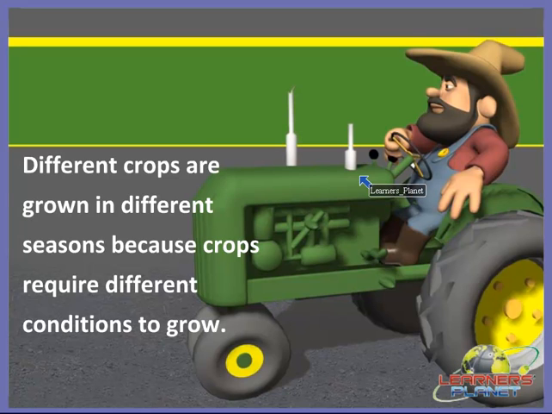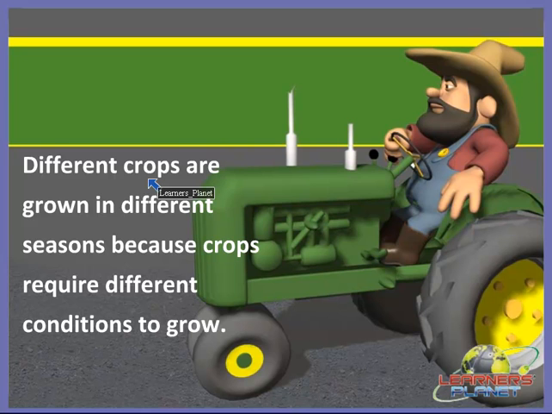So children, finally we conclude that different crops are grown in different seasons because crops require different conditions to grow, right? There are different types of crops. They are divided into some divisions, right? So we will study about different types of crops in the next session.